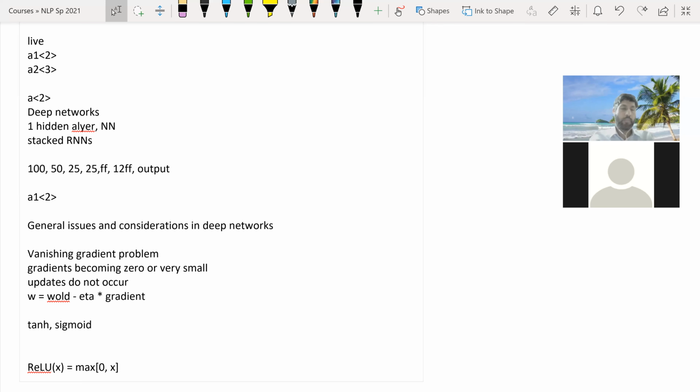But there is a simple solution for that. The simple solution is we simply clip the values when they become greater than some threshold. Okay? So we simply clip the values. We do not allow them to grow beyond that.